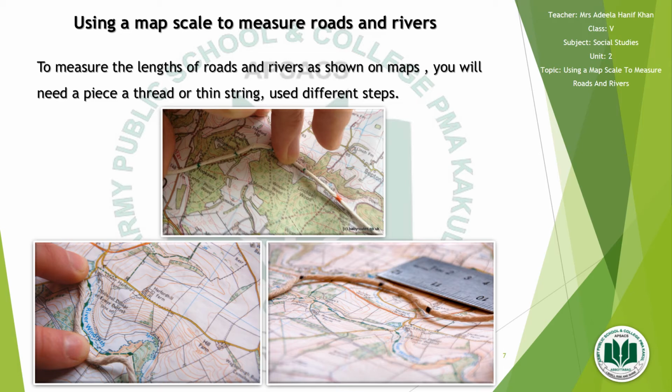Fifth step is place the thread along the given scale for the map and make the first mark against 0 on the scale. Measure the distance to the other mark along the scale, reading off the answer according to the scale. Last step is record your reading.